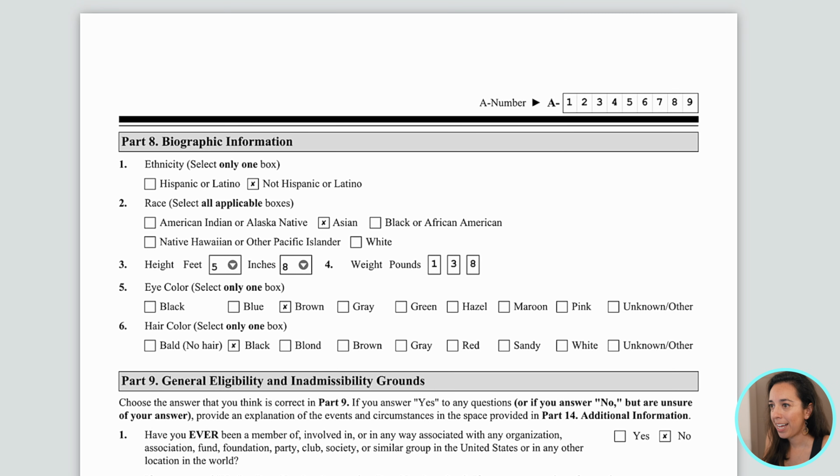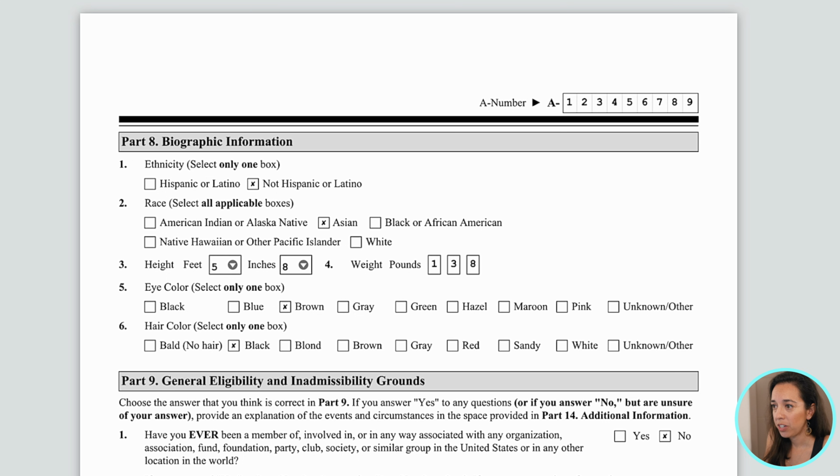Part 8 asks for the biographic information about the beneficiary, the non-US citizen. So for question 1, you're going to select their ethnicity. It asks Hispanic or Latino or not Hispanic or Latino. Question 2 asks their race. Question 3 asks their height in feet and inches.